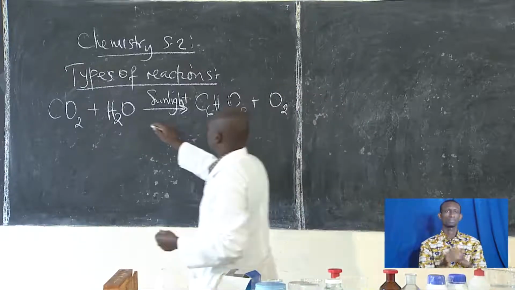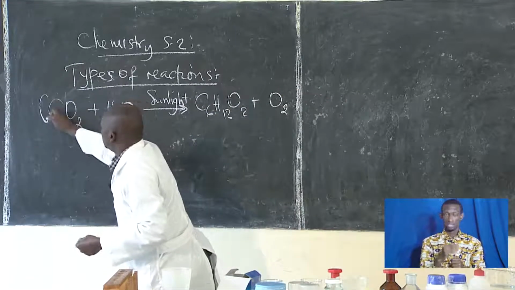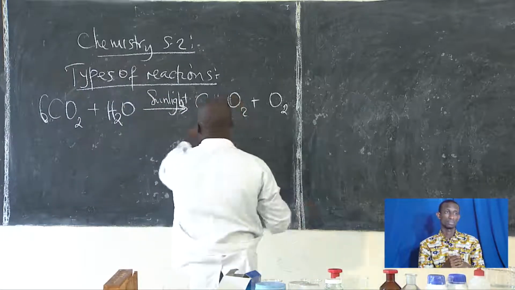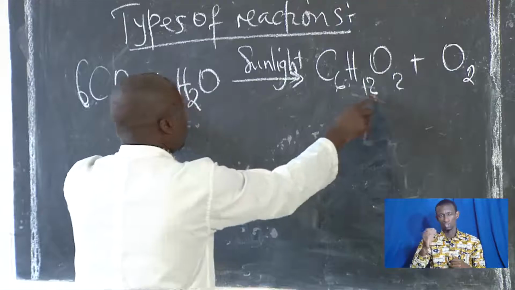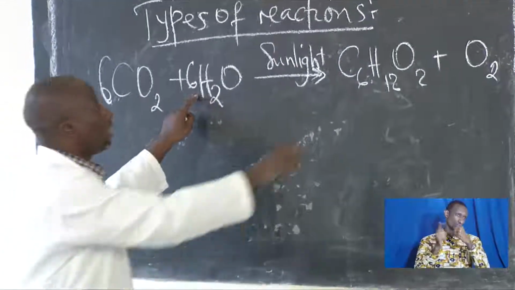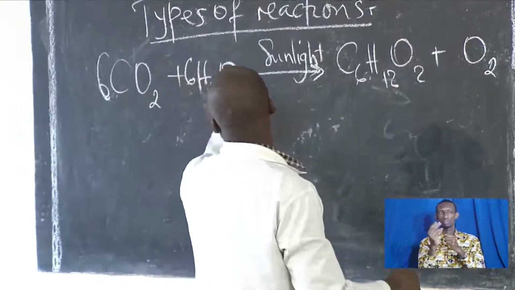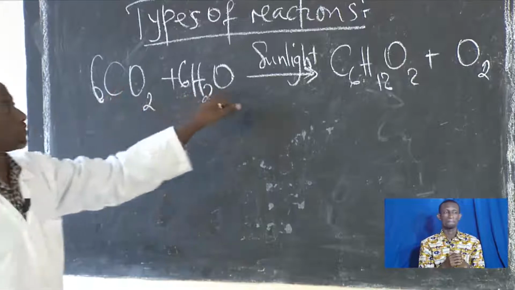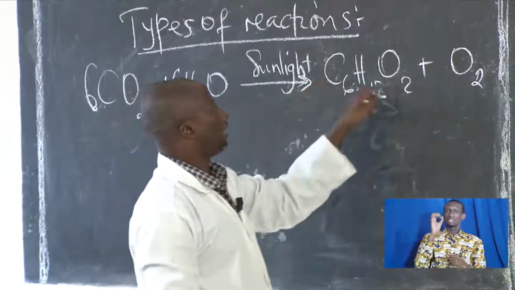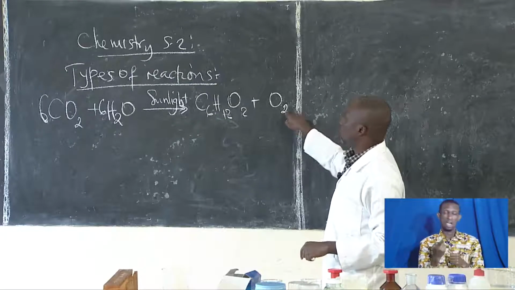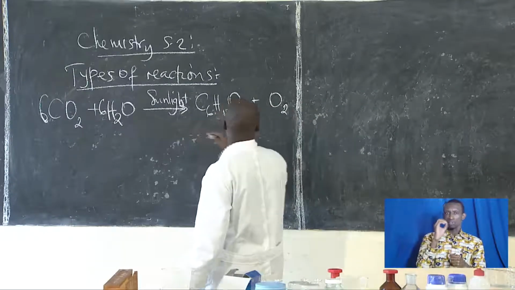So carbon is 6. And then we have hydrogens, they are 12, so they have to balance here. So we need 6 water molecules to make them 12. The oxygens here we have 6, and then we have 6 and 2, this is 12, so this makes 18. And here we have 2, and here we have 2, so we need to make them 18 as well.